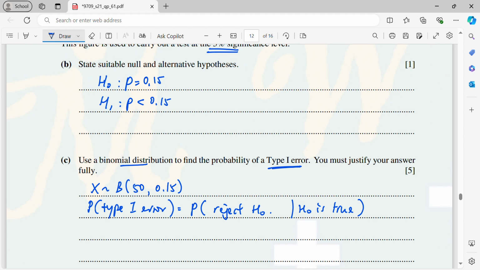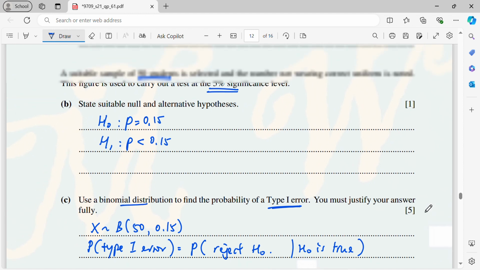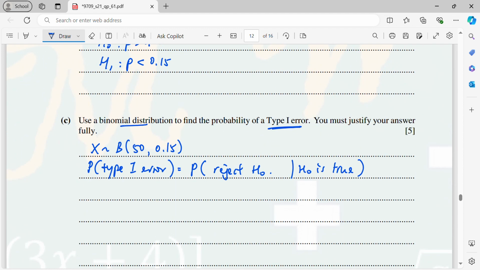Okay, so now alpha is 5%. So from here, we always write reject H0 if, now look at the H1 here, because it's less, X less than or equal to A is less than the alpha value. Alpha value is 5%.